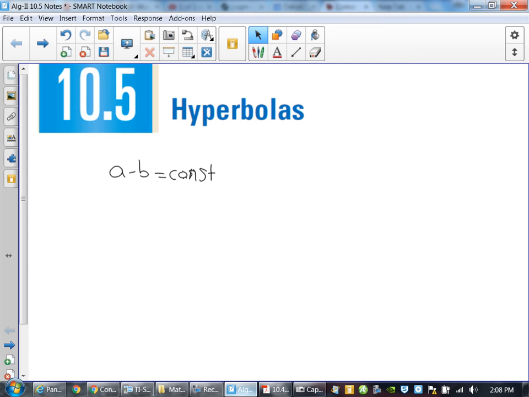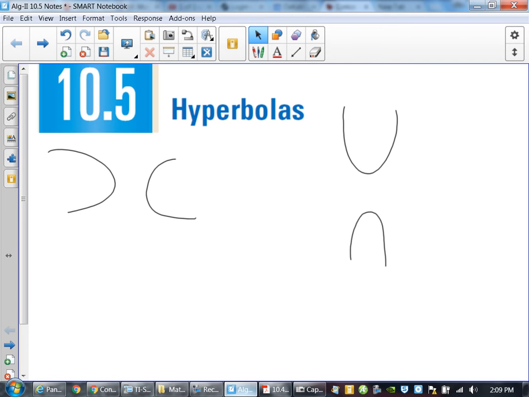A hyperbola is going to go one of two directions. It's either going to go left and right, or up and down. What makes a hyperbola a lot different as far as the complexity is concerned to graph it is that there are two extra things that you have to plot through.